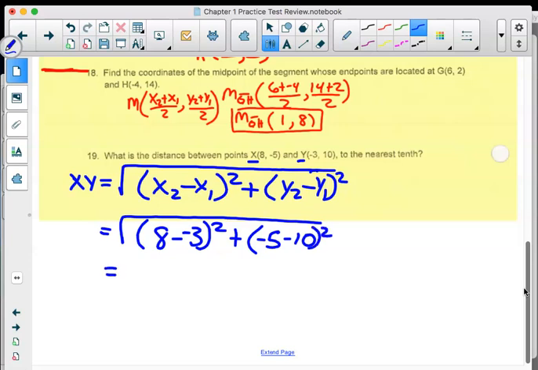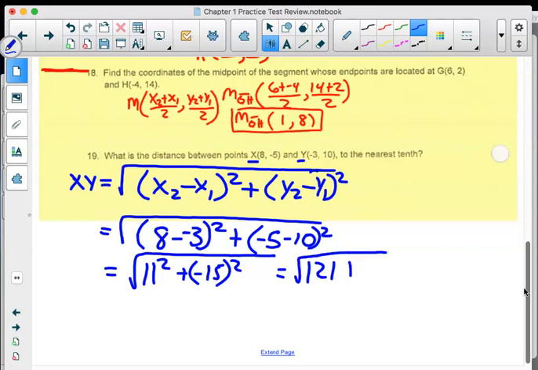Now I'm looking at this and I've got my 11 squared and I've got -15 squared. Okay, so I should have 121 plus 225. Well, this is going to come out to 346 as I'm looking this over, and I'm double checking to make sure I'm adding stuff up right.